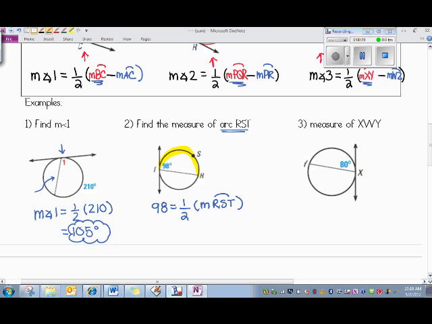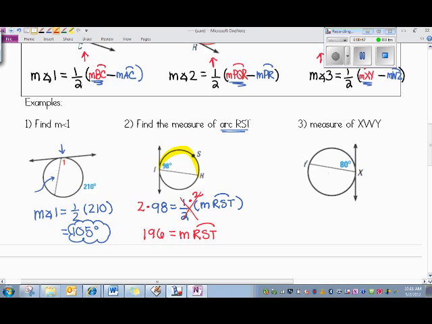So how I would solve this is just double both sides, right? Because the multiplicative inverse of 1/2 is 2. So to get rid of the 1/2, if I multiply by 2, or 2/1 on each side, these will go away, okay? And 2 times 98 is 196, and that's equal to the measure of arc RST.